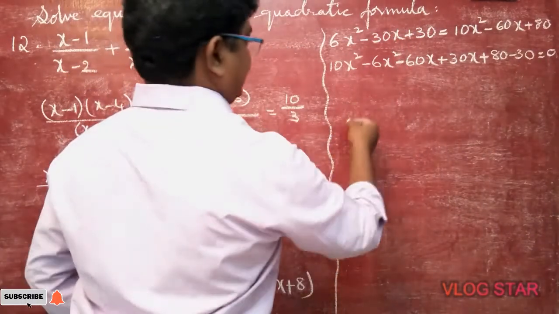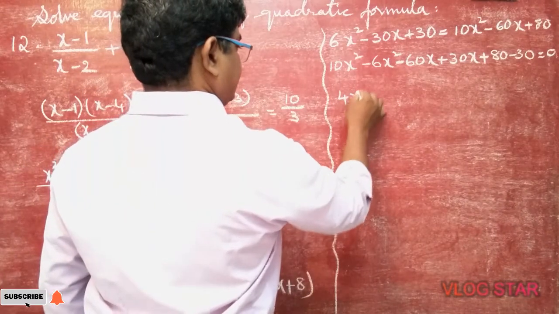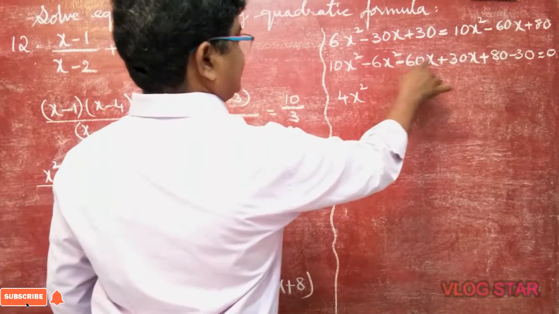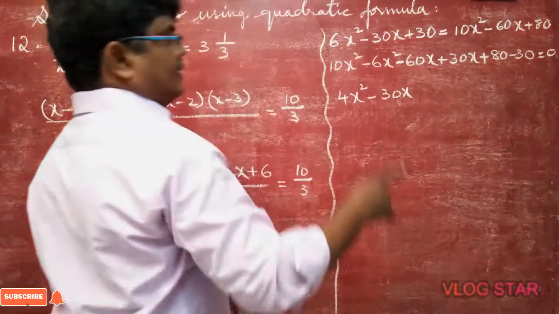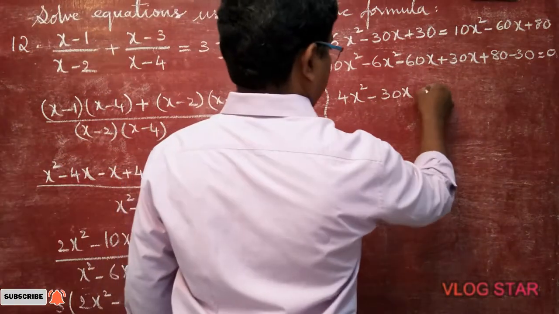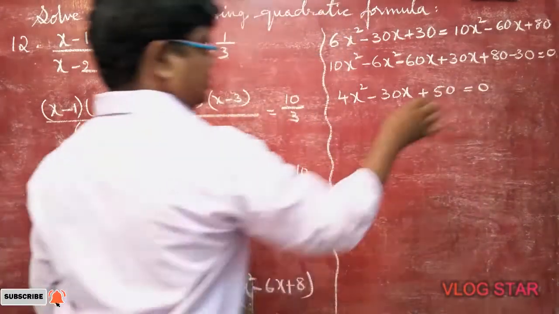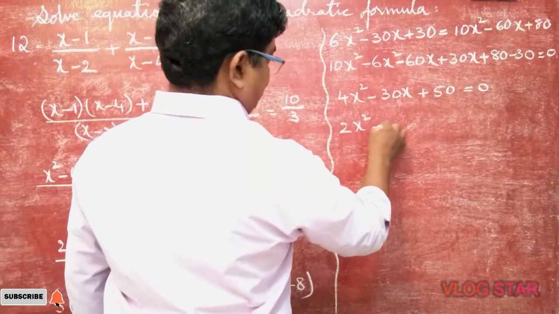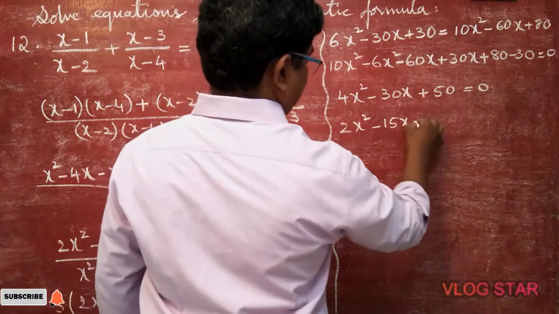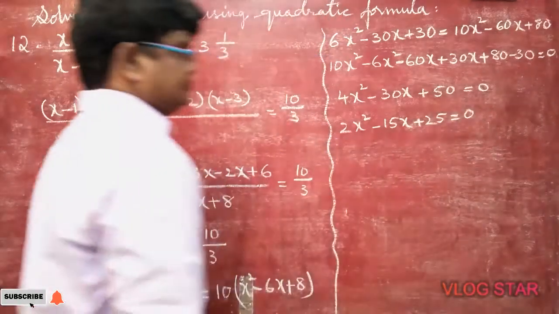Now simplify like terms. 10 minus 6 is 4, so 4x square; minus 60 plus 30 means minus 30x; 80 minus 30 means plus 50 is equal to 0. 2 table is common: 2x square minus 15x plus 25 is equal to 0.